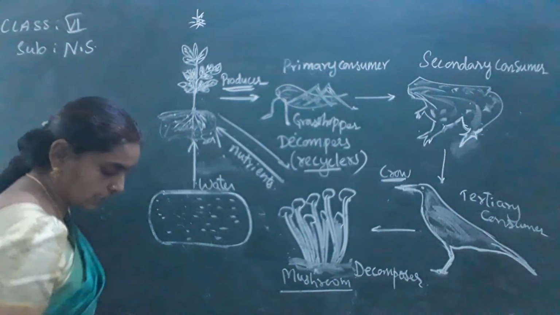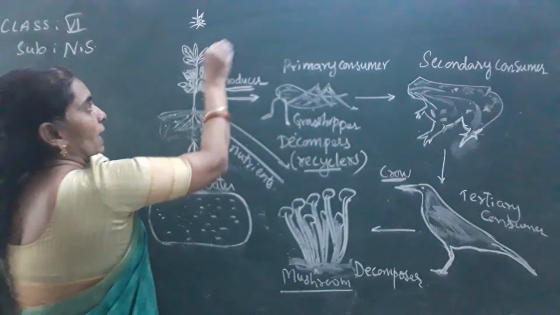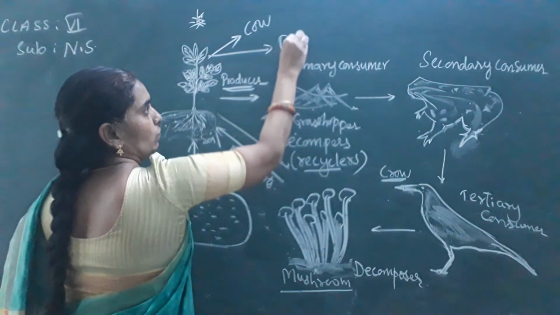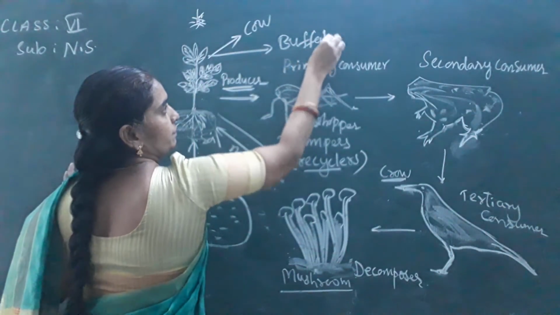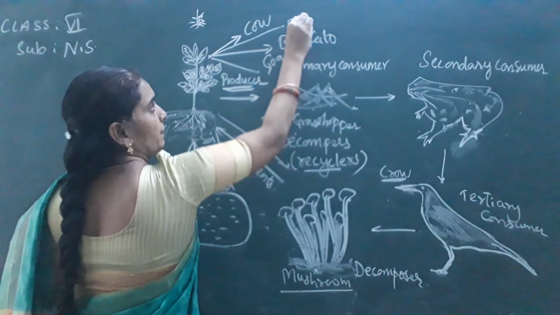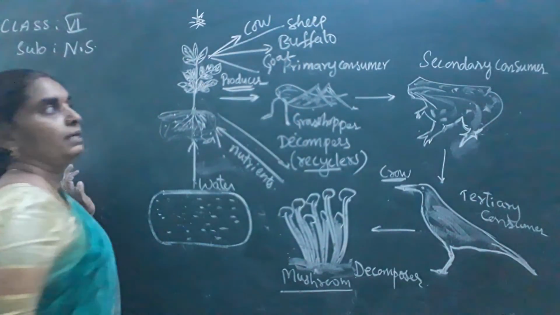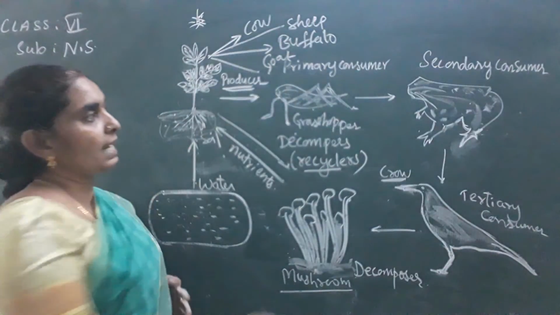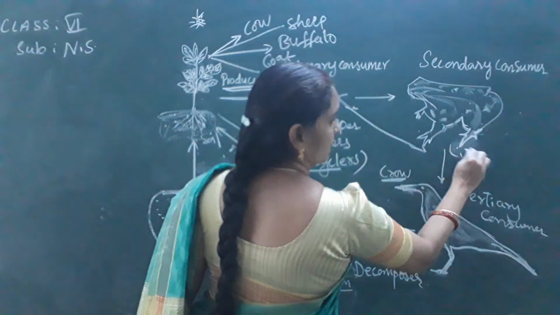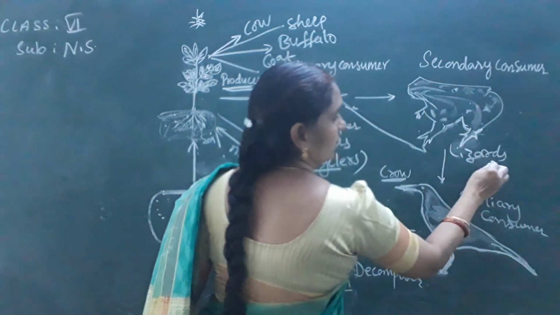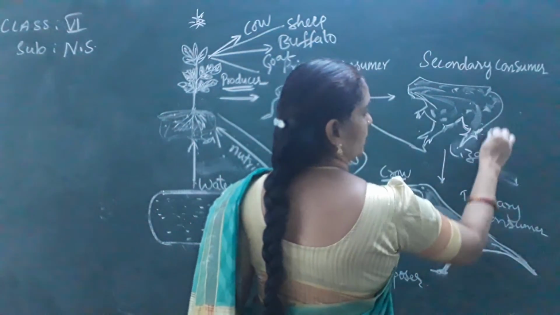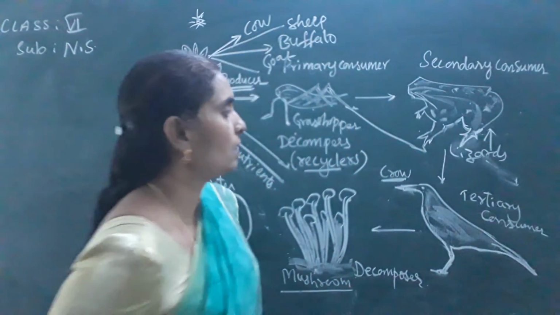So in turn, the plant products are eaten by cow, again buffalo, goat, sheep, etc. And grasshoppers are not only eaten by frogs, they are eaten by lizards. Again lizards are eaten by the frog, isn't it?